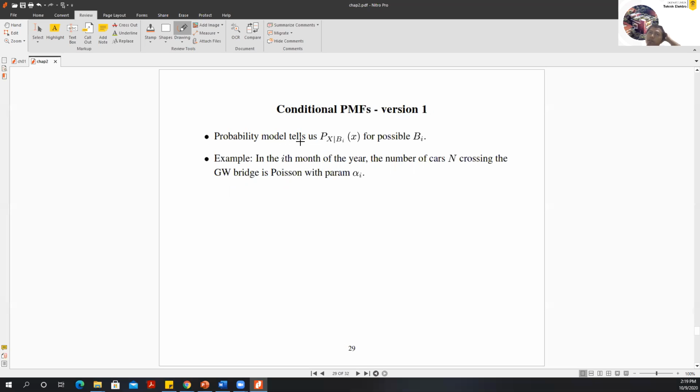The probability model tells us the probability of x given b for any possible b. For example, the number of cars crossing the JW bridge in the ith month of the year is Poisson with parameter alpha, something like that.